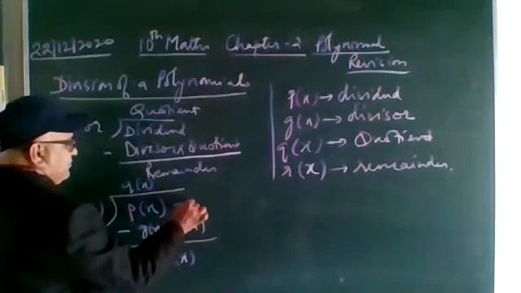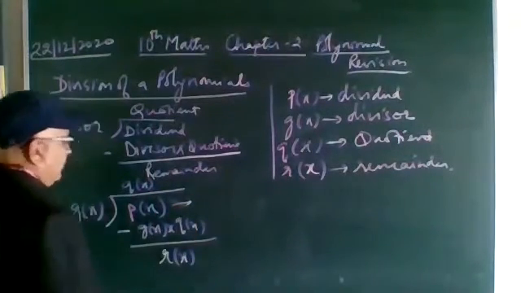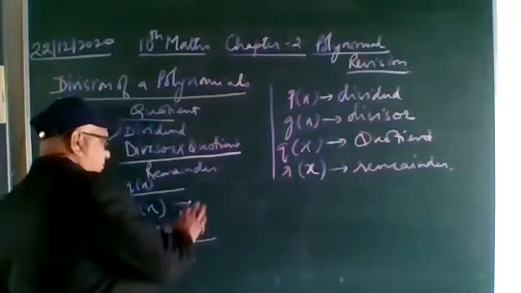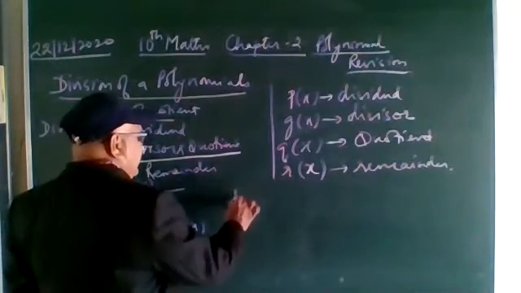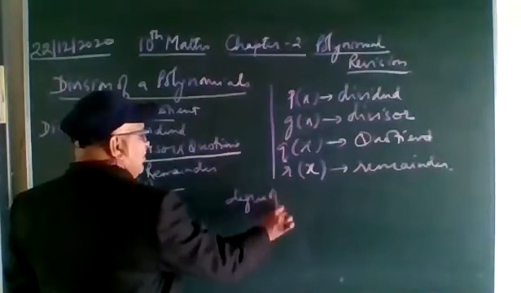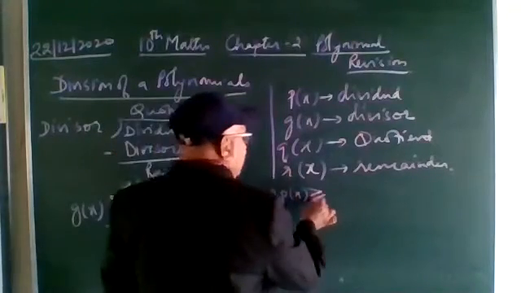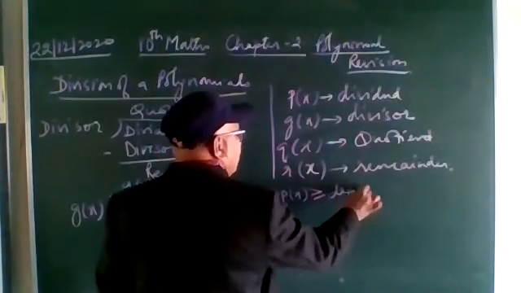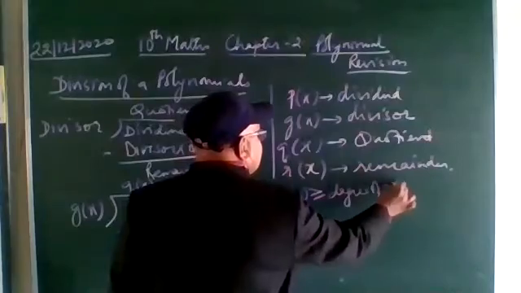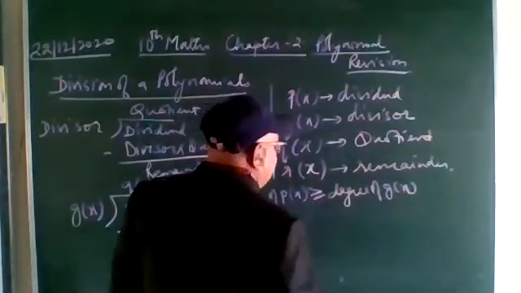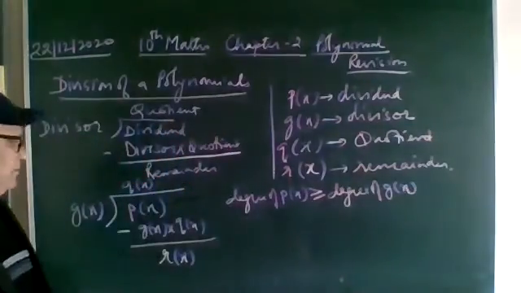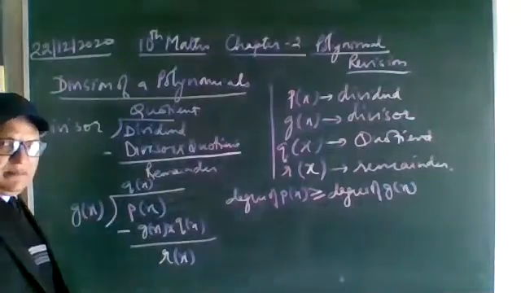Now, degree. When you are dividing, the degree of P(x) is greater than or equal to the degree of G(x). It may be equal or it may be greater.